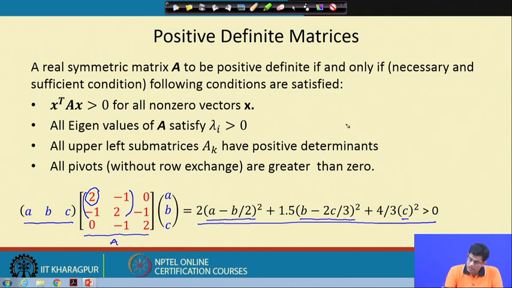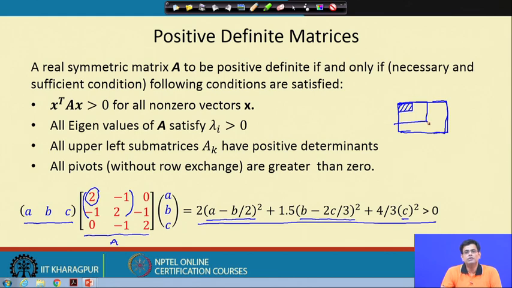So, what does this third condition mean? If I draw a matrix, this is the first upper left matrix, the second upper left matrix is this, and the third upper left matrix is this. This is the first element of the matrix, then this is the second, and then the whole matrix, for which the determinant has to be greater than 0.